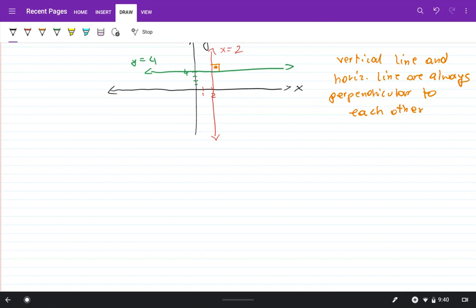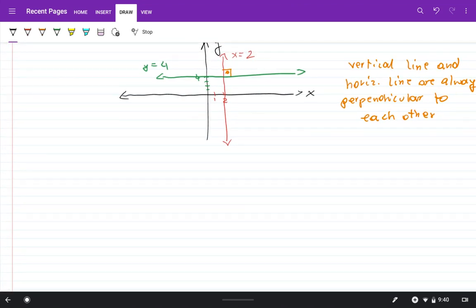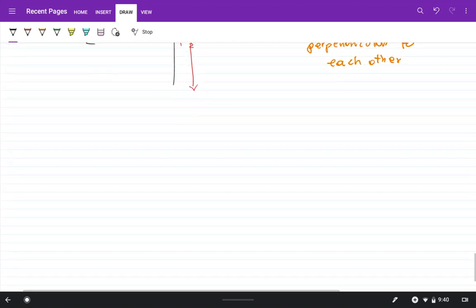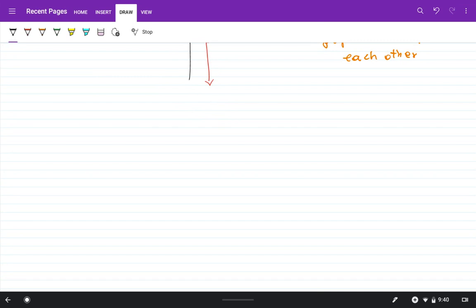Okay. Next, example 5. So we're practicing that slope-intercept form.